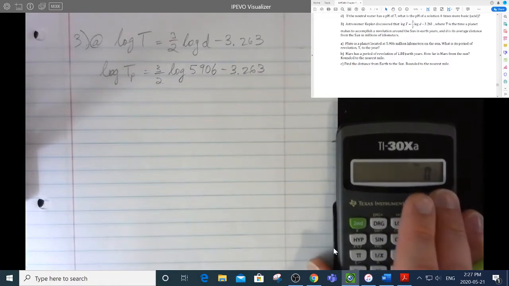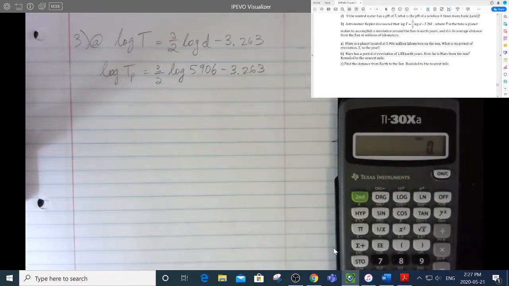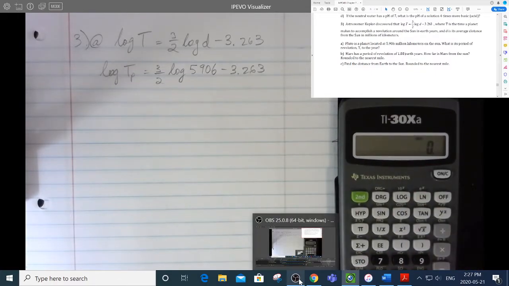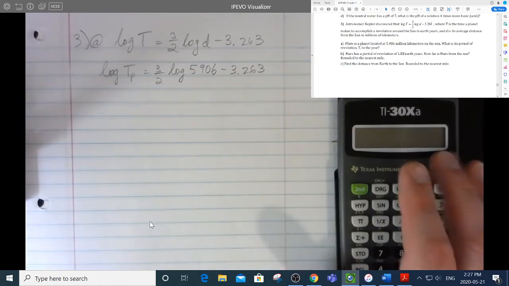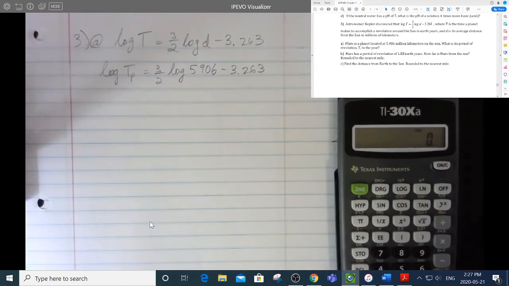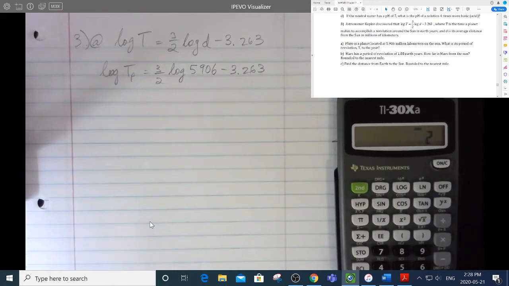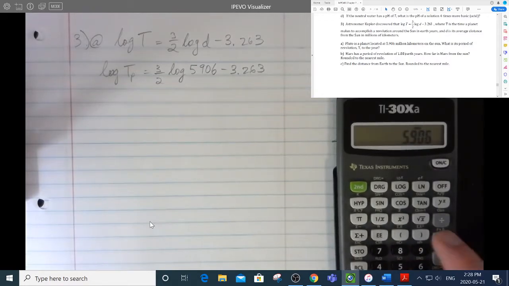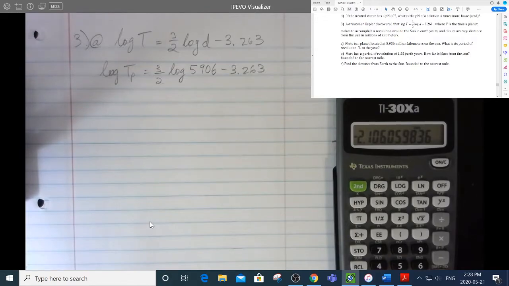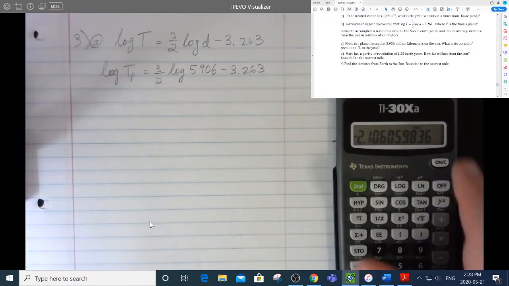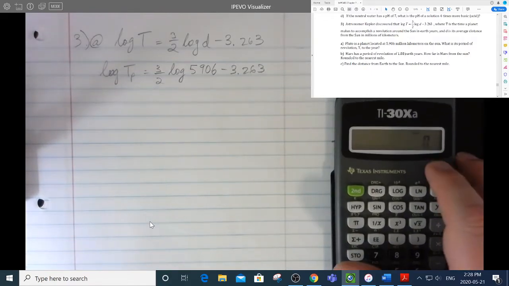So I'm gonna punch buttons here. Again, I hope that I'm on the screen. Let me do a quick check. Good enough. Okay, so 3 divided by 2, times, notice it just changed that. If you wanted to use 1.5, that's fine. 5906 logarithmed minus 3.263 equals. And okay, oh wait, that's not the right number. Hang on, something's gone wrong here.